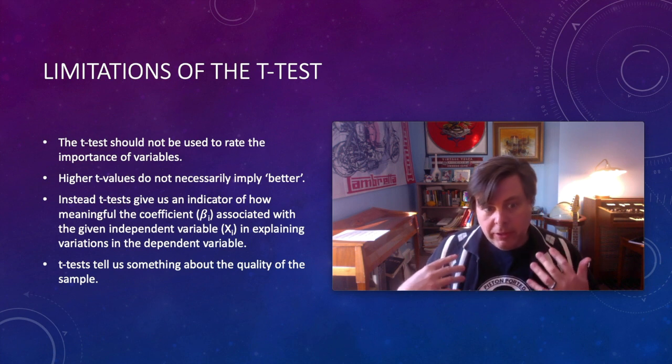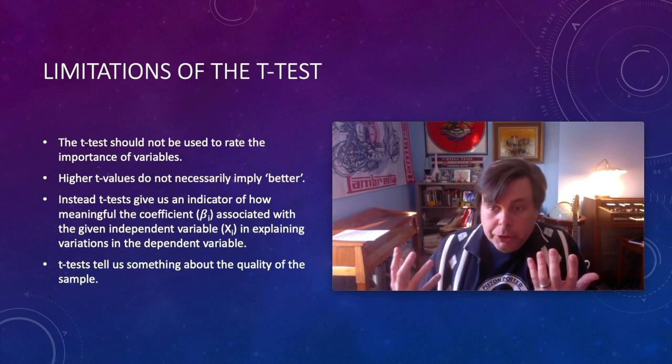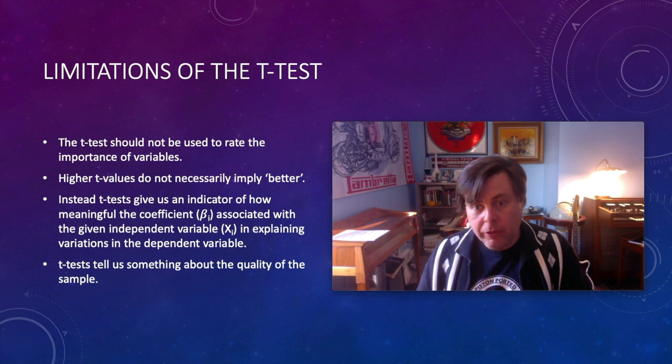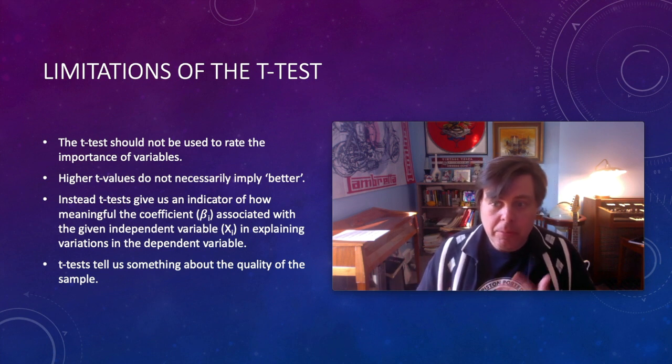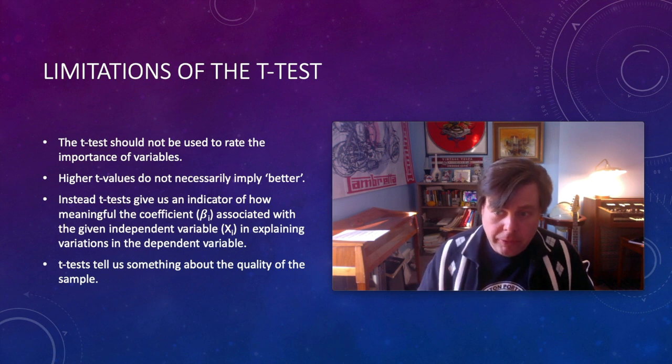Finally, t-tests tell us something about the quality of the sample, right? Which makes sense given what we just said, right? In this case, the t-test associated with a given independent variable is telling us something about the quality of the sampling of that variable, right?